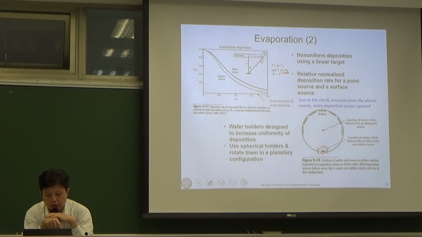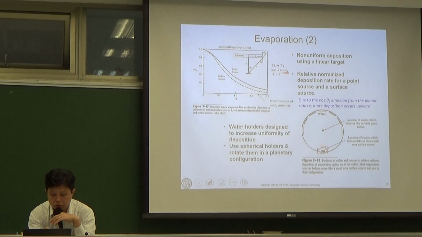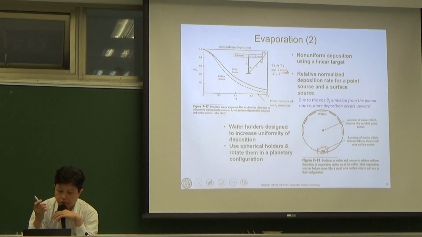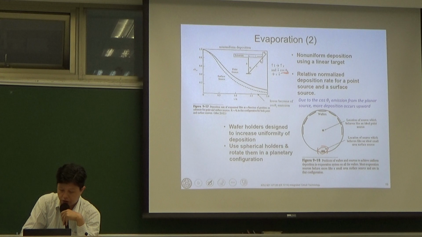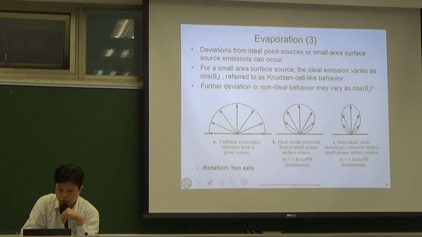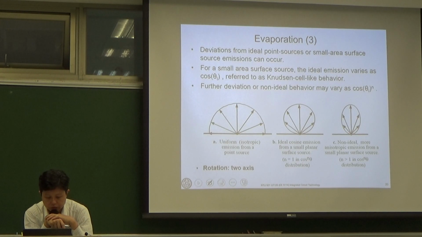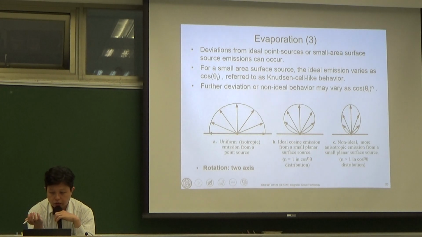If theta equals 0, which is the normal direction, then cosine 0 equals 1. Once you move away from this center direction, now we have this cosine theta dependence, which will reduce your growth rate. So that's the ideal case for point source and small area surface source.